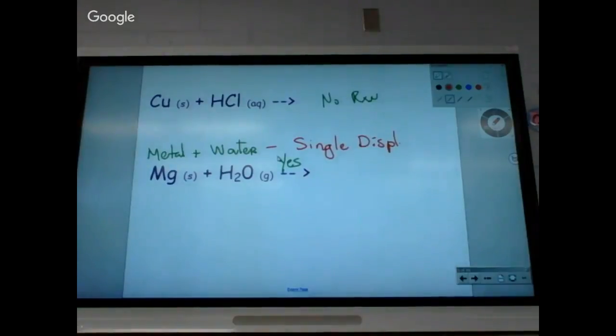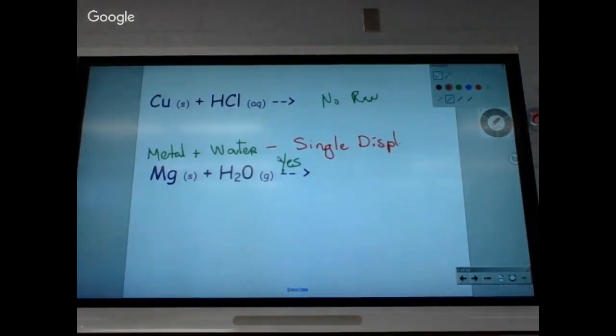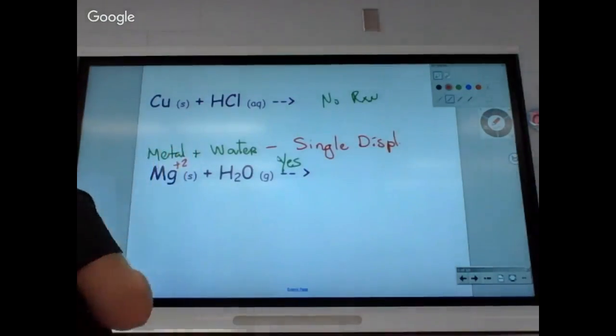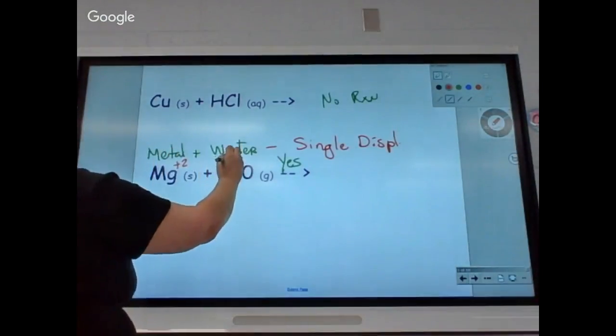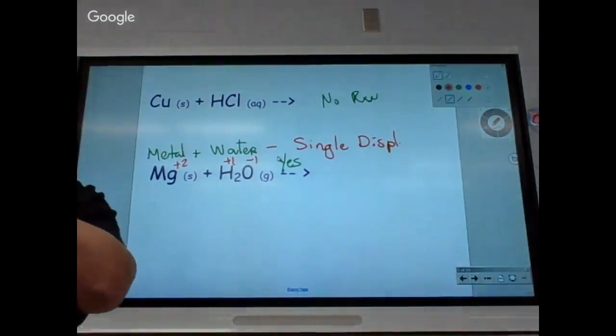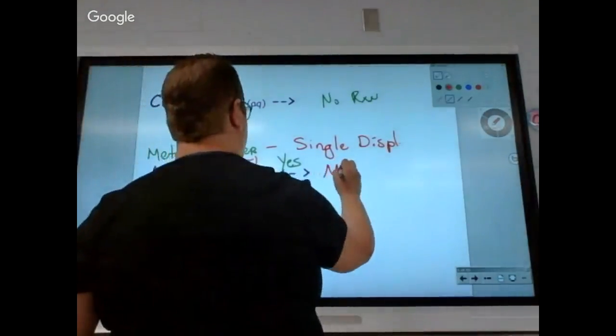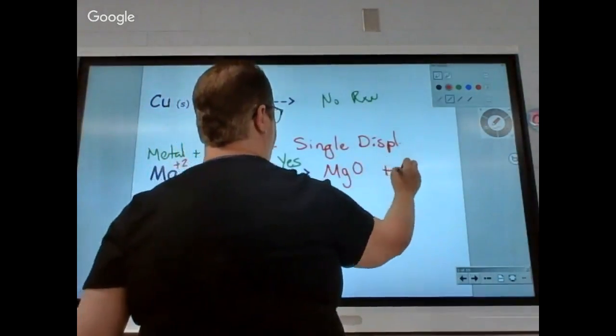Find the one that says metal plus water. I'm going to show you how to do it right, and I'm going to show you how you're going to do it wrong. Now, if you do it the way I've shown you, you're going to say, oh, its oxidation number is +2. It's +1. It's -1. Who are you going to switch? Magnesium and who? Yep, and you're going to get Mg with O and plus hydrogen.